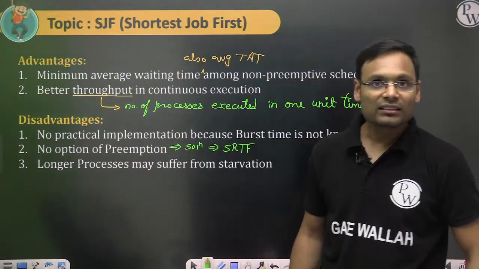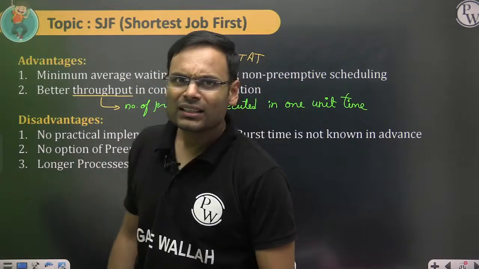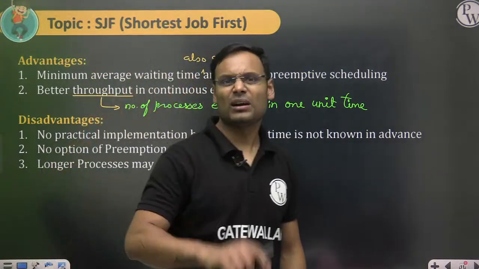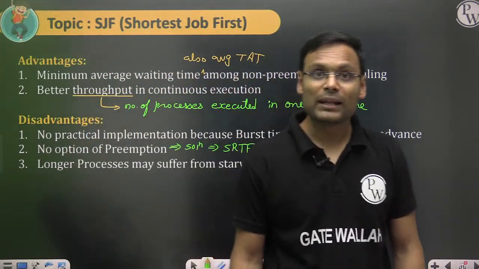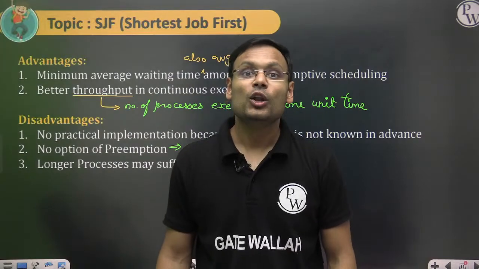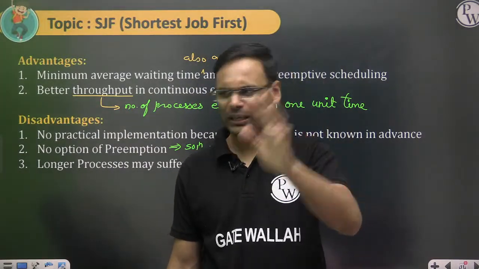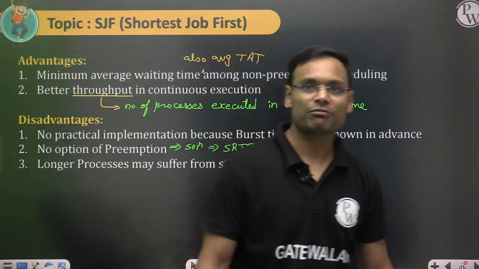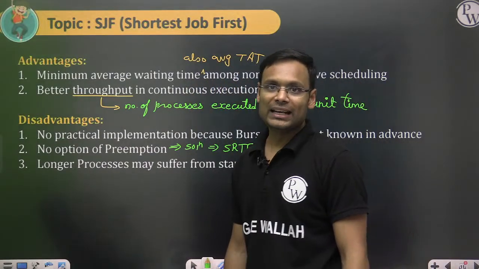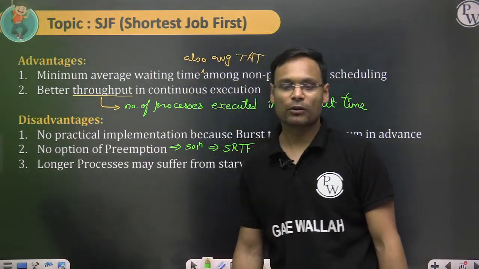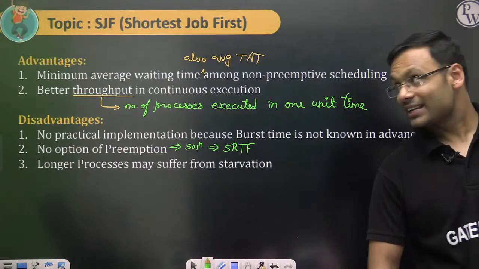Retired hurt or retired, however. Why? Just because that player is slow. I don't want that player, that player can make my team lose. That's why I will send you later. The new player, who is better and faster and can score runs quickly, I will send for playing. So that is the SRTF algorithm.